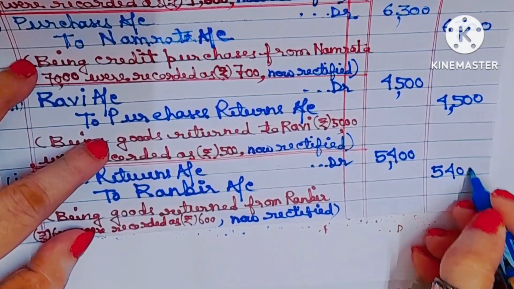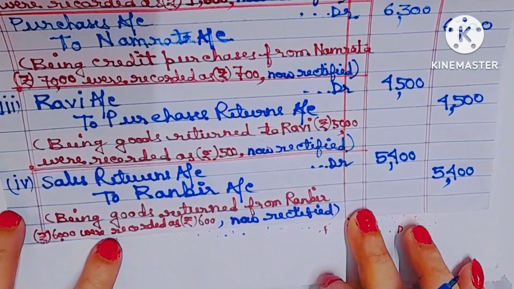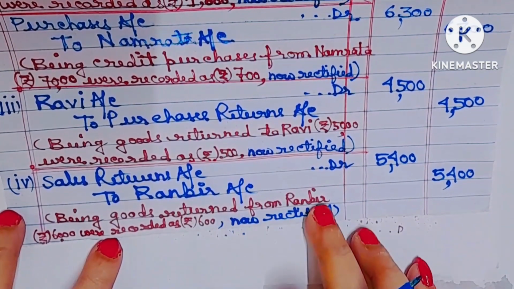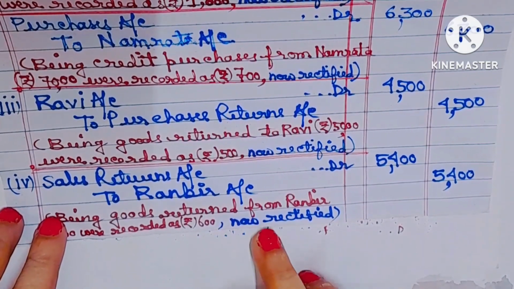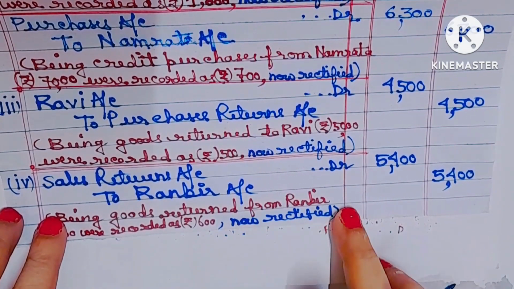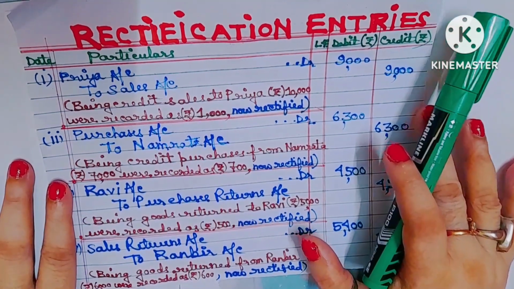Okay. And you always have to write the narration. Being goods returned from Ranbir, rupees 6,000 were recorded as rupees 600, now rectified. Please don't forget to add these two important words, now rectified. So now the problem is complete.